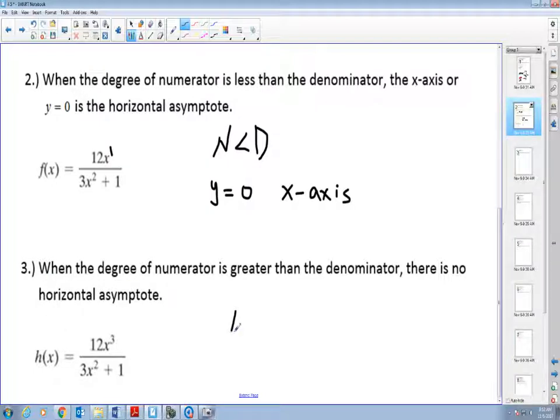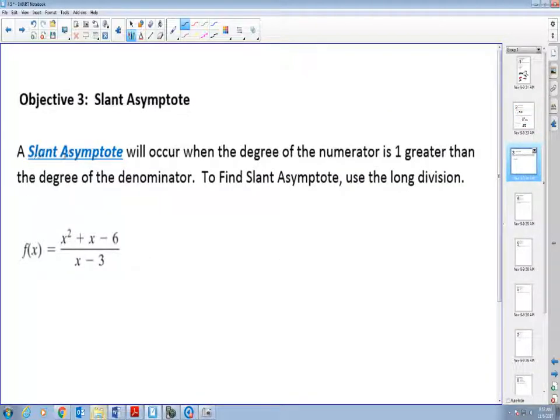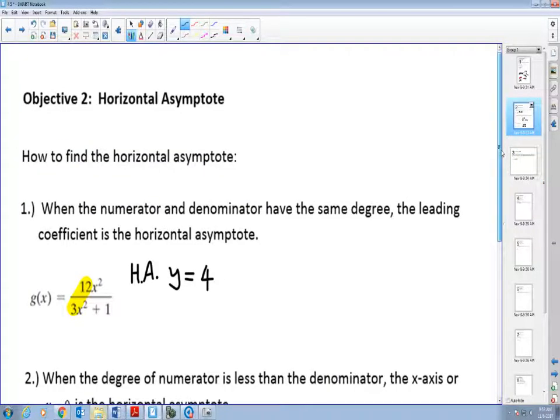When the degree of the numerator is bigger than the degree of the denominator, then there is no horizontal asymptote. This is 3, that's 2, so there's no horizontal asymptote. So what do you have instead? To be more specific, something called the slant asymptote. The slant asymptote will occur when the degree of the numerator is 1 greater than the degree of the denominator, just like this particular example.